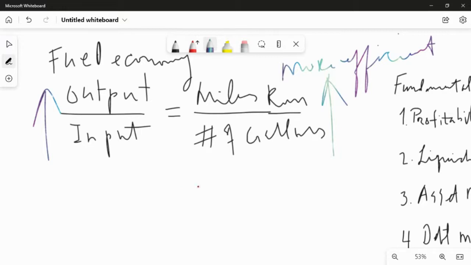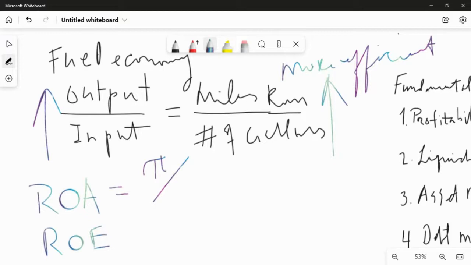For both ROA and ROE, the formula was net profit over total assets, where net profit is EAT, earnings after taxes, divided by total assets.